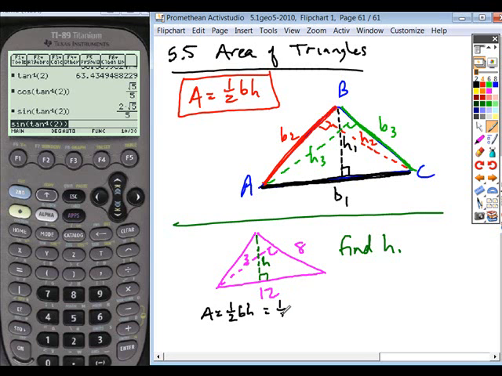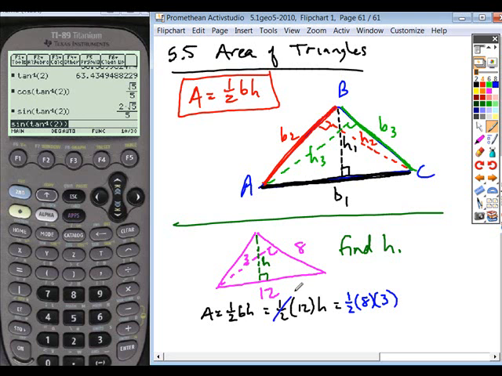So if you're thinking of your base in terms of 12, the corresponding height for that is your unknown H. But there's another pair of base and corresponding height, right? So you could have also expressed this formula as 1/2 a base of 8 and its corresponding height of 3. And so using that relationship, you could solve for H.